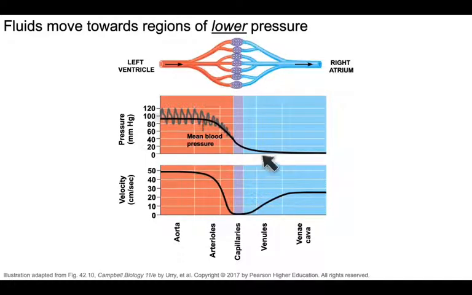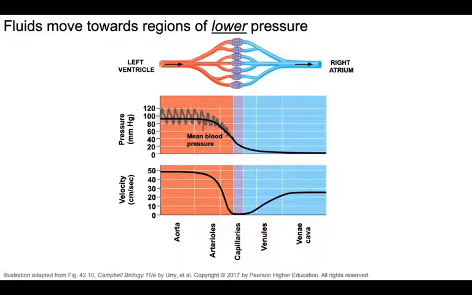The lower pressure that exists here in these venules and these veins is going to be the driving force that moves blood from the arterial end of the capillary to the venous end, right? And then eventually through the venules and through the vena cava. Right, so it's the pressure that forces the blood to move through the capillaries and that prevents blood from coming to a halt.